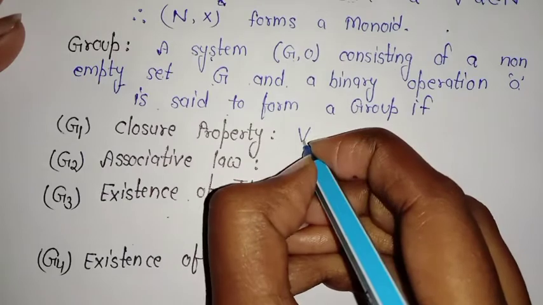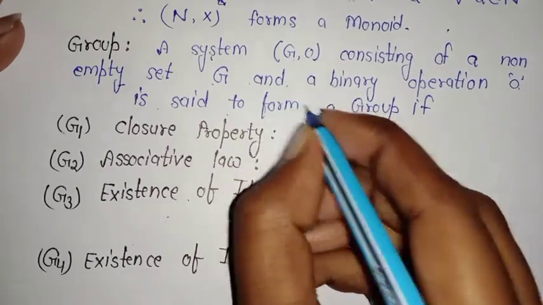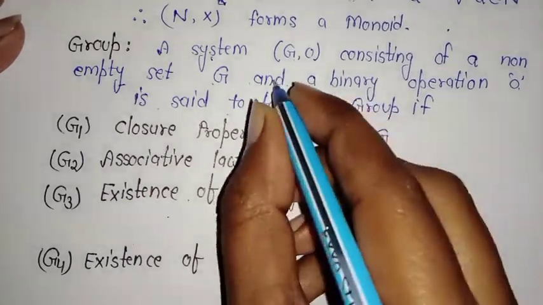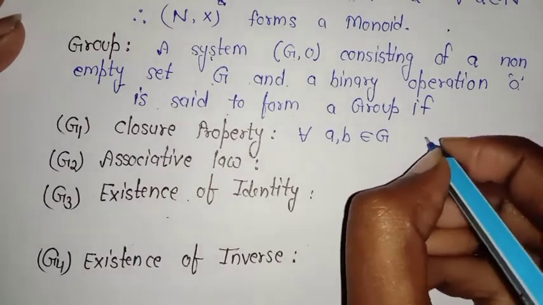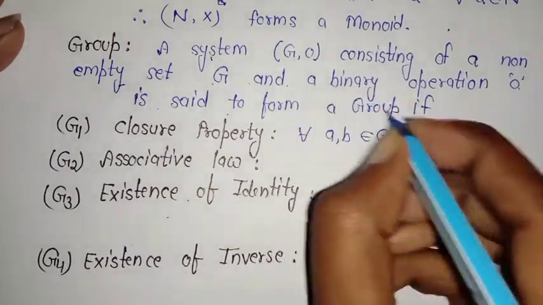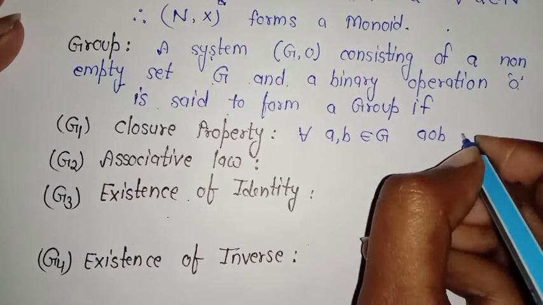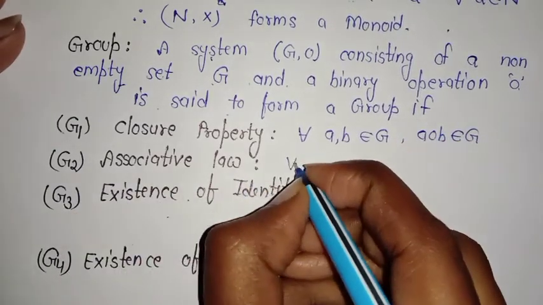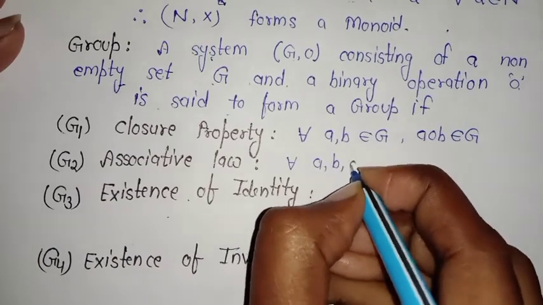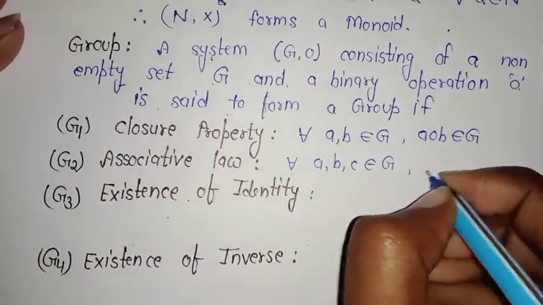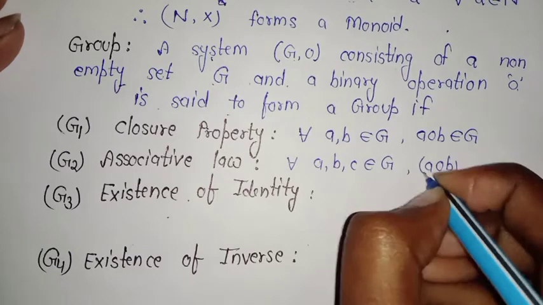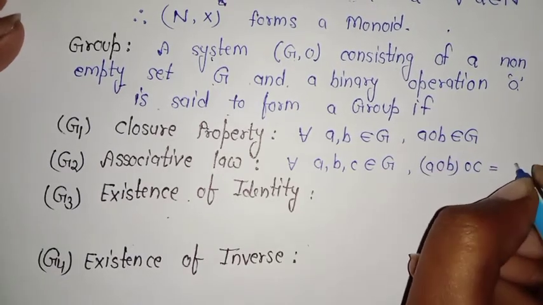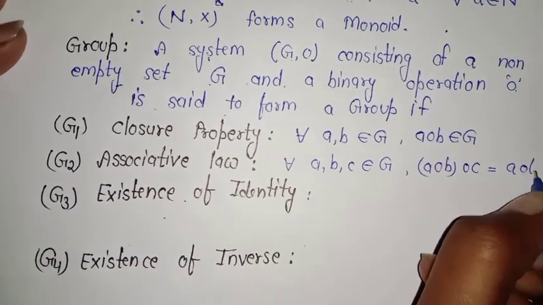It says that for each pair of elements of the given set, if we apply the given binary operation, then the resultant should also belong to G. And what is associative law? It says that for all A, B, C belonging to G, (A operation B) operation C is equal to A operation (B operation C).